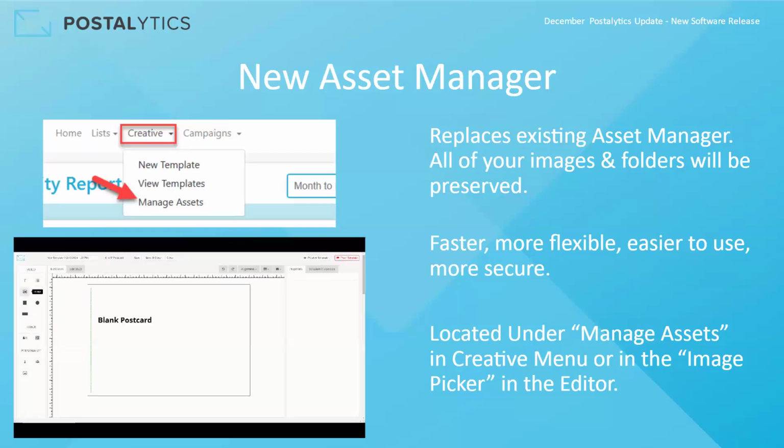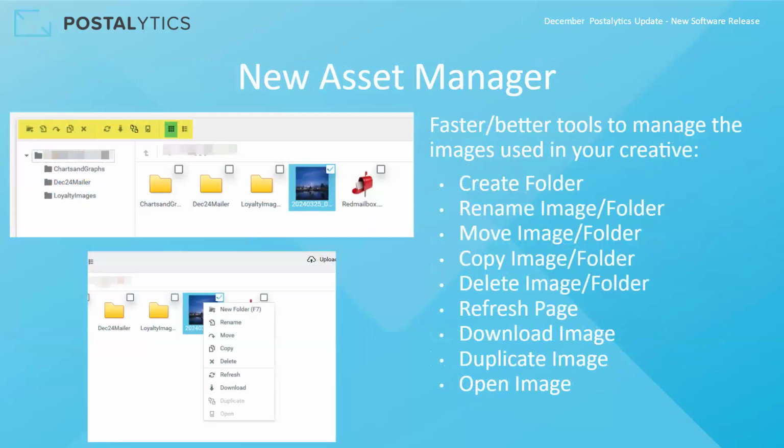and then you're able to access the new Asset Manager. Within this Asset Manager, there are a lot of new features around nesting different images under folders, being able to rename, move, copy, delete, refresh. You can download the image out of the Asset Manager.